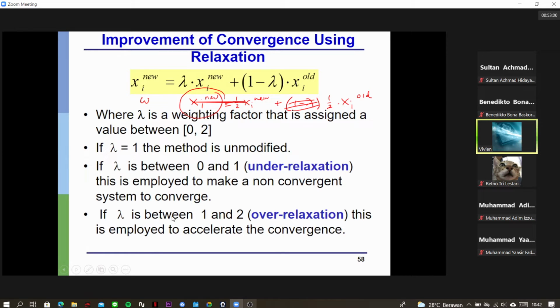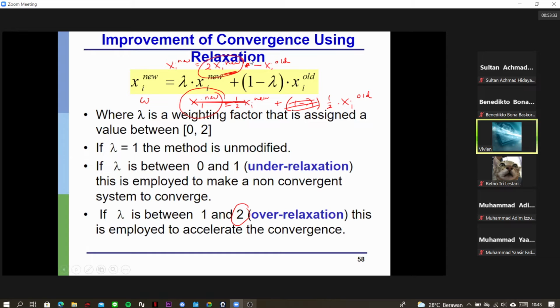If we have lambda between 1 and 2, for example 1.5, this is said to be over relaxation. If we apply 2, for example, xi new will be calculated by 2 times xi new plus (1 minus 2), so that will be minus xi old. That means we exaggerate the weight of the new value.